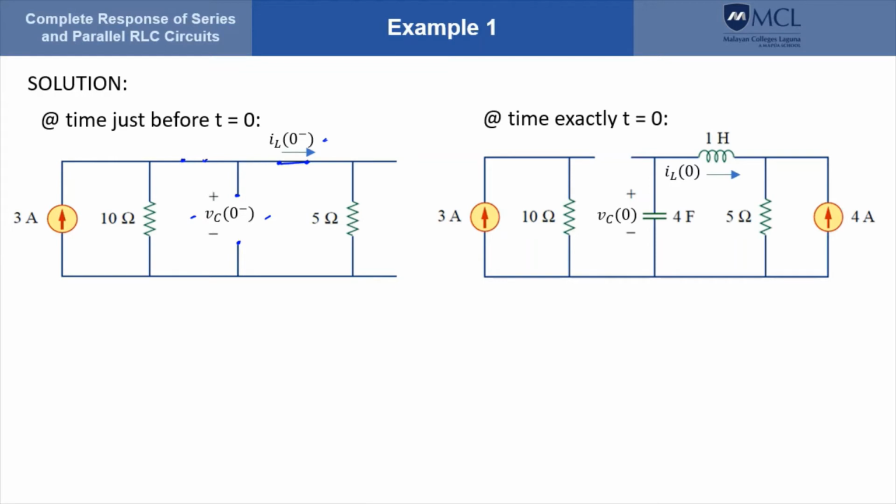We can solve for I sub L just before t equals 0 using current divider, and that would be 3 times 10 ohms divided by 10 plus 5. And that will give us 2 amperes. And the direction of this current is towards the 5 ohms.